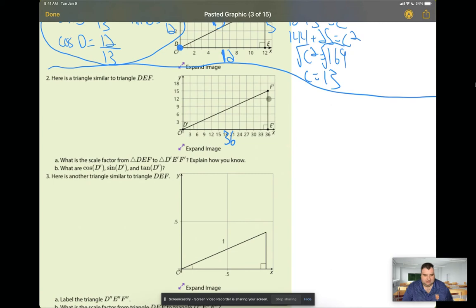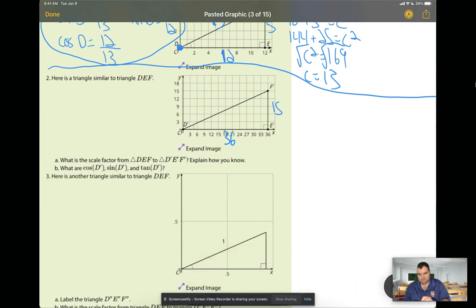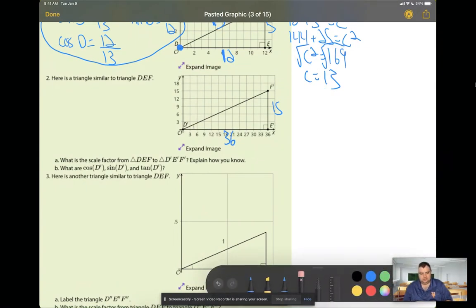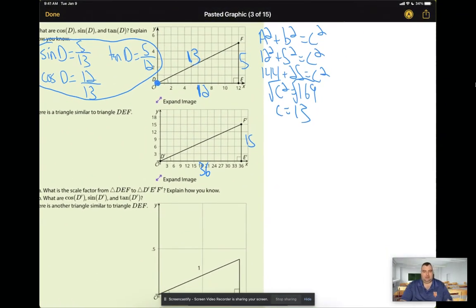This is going to have a side length of 15. So again, I'm going to use the Pythagorean Theorem to figure out the hypotenuse. So a squared plus b squared equals c squared. So this will be 15 squared plus 36 squared equals c squared.